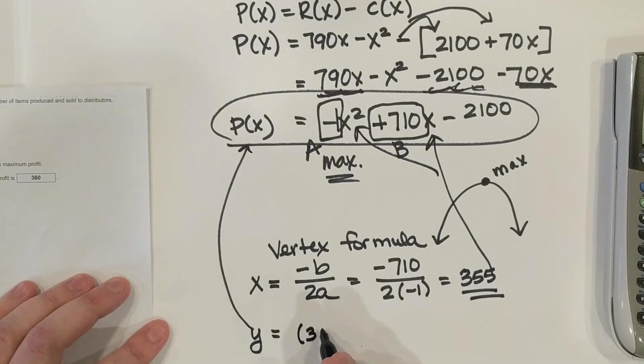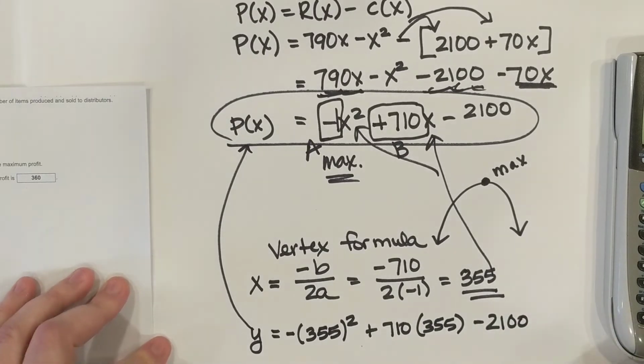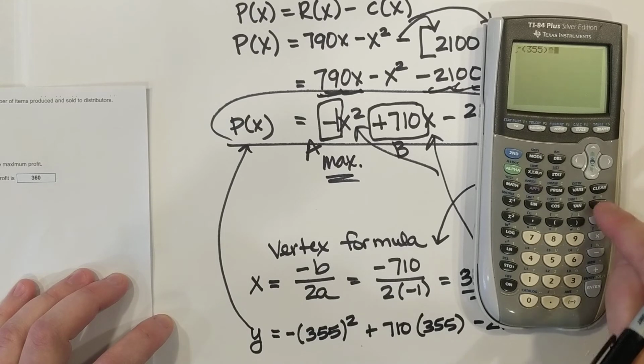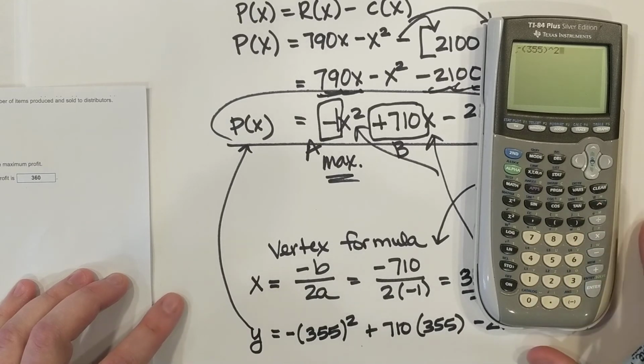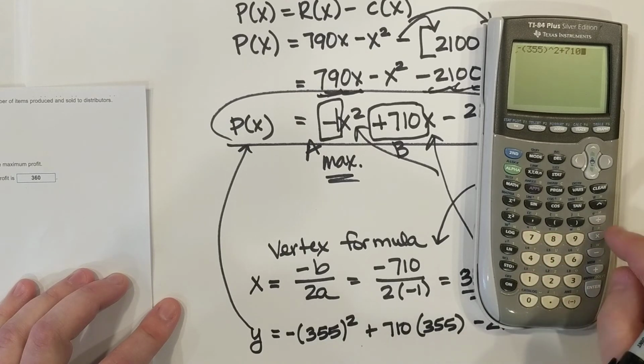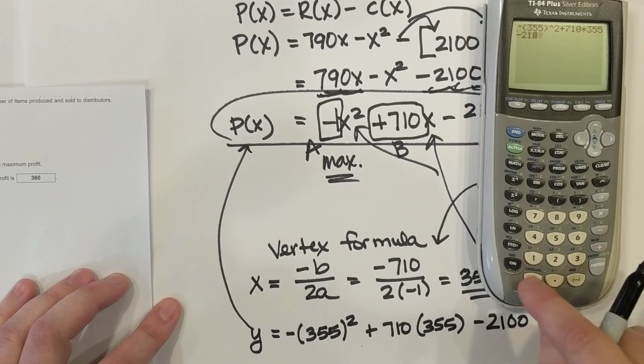So that would be negative 355 squared plus 710 times 355 minus 2100. Okay, so here we go. Negative 355 squared plus 710 times 355 minus 2100.